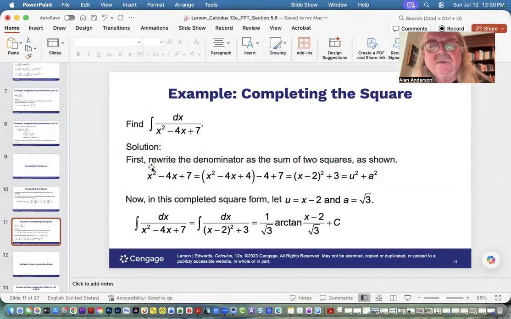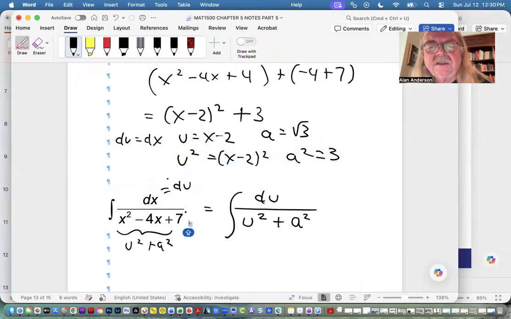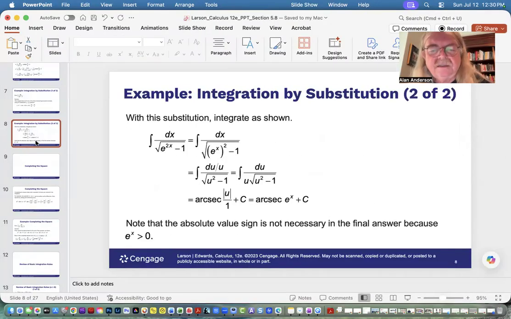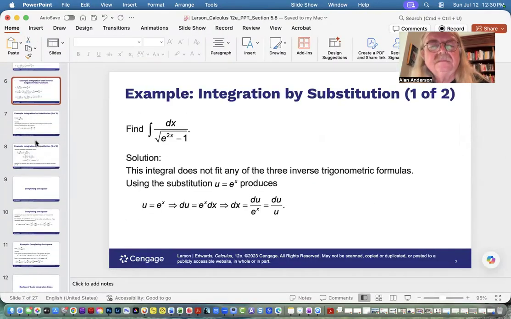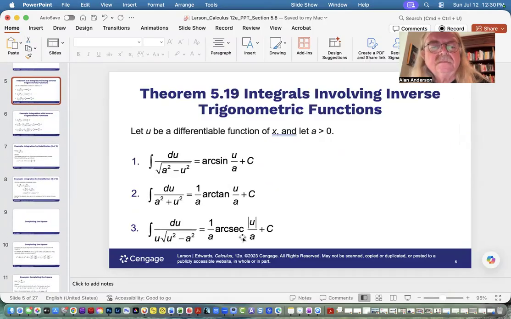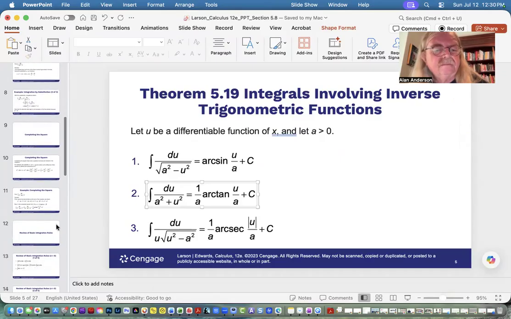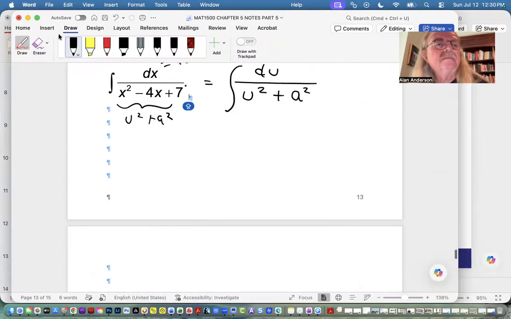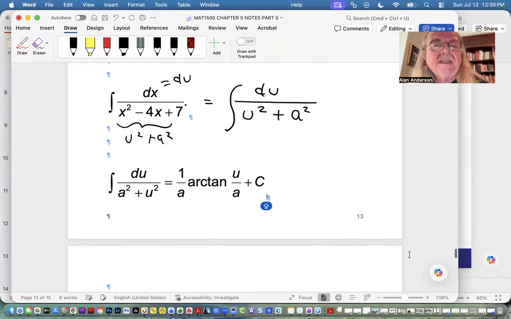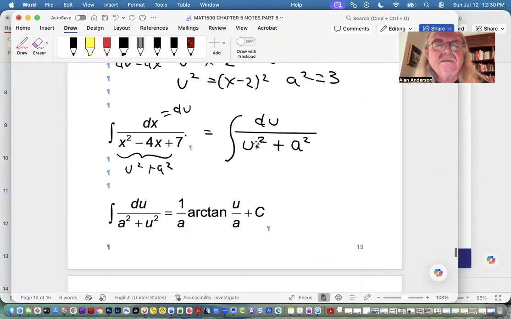And that is the one that we're looking for. Okay, so it looks like that would be the arctan formula. Let's go find it. And there it is. Yes, so we've chosen a to be radical 3.